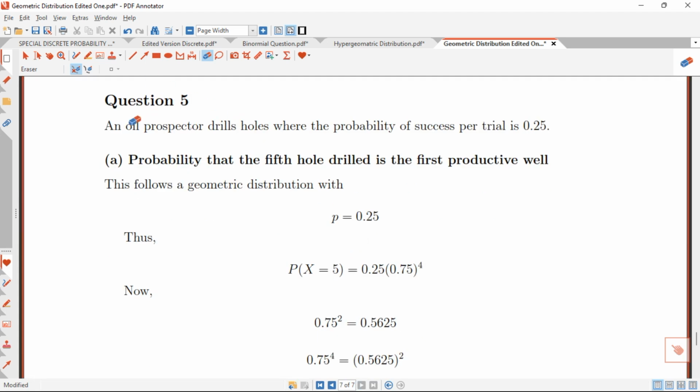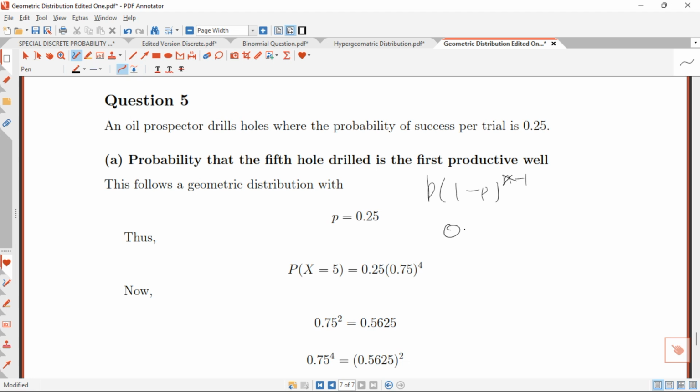Question 5 says an oil prospector drills holes where the probability of success per trial is 0.25. We should find the probability that the fifth hole drilled is the first productive hole. This is a geometric distribution question. You have been asked to calculate the probability that X is equal to 5, so we use p times (1 minus p) raised to the power x minus 1.